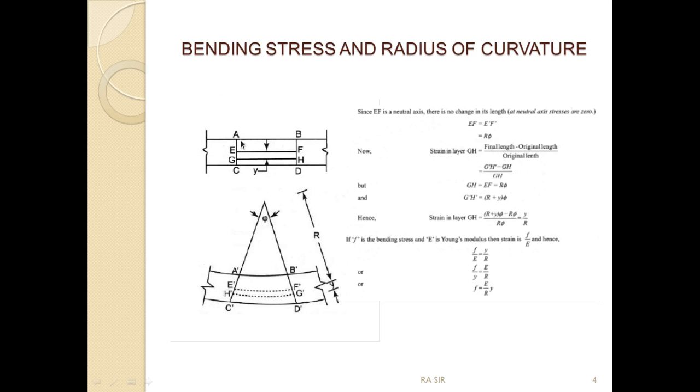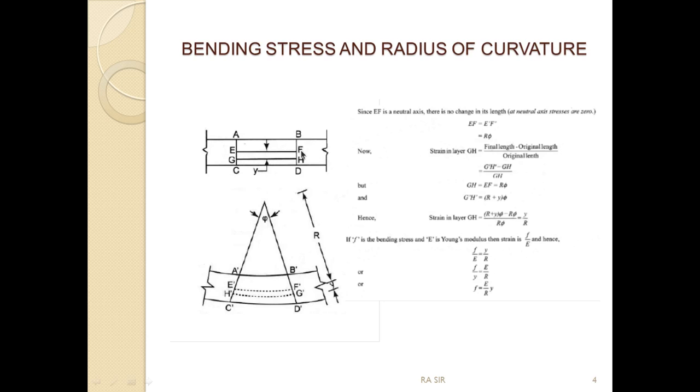We are taking a section A, B, C, D, where EF is the neutral axis, and GH is the elemental layer with which we are going to discuss how the bending stress and the radius of curvature are linked with each other.